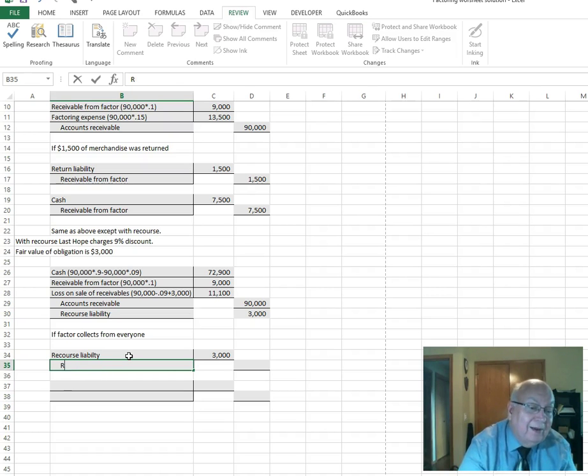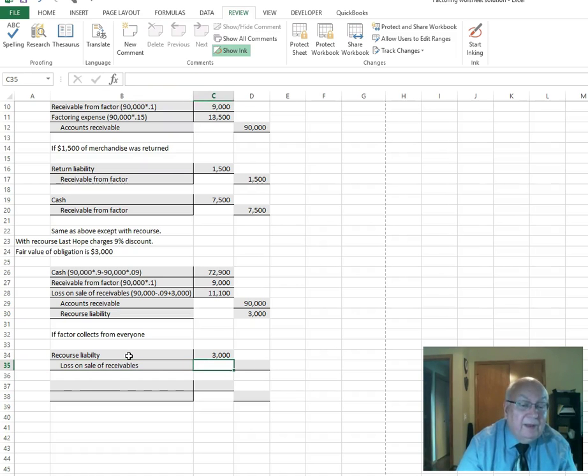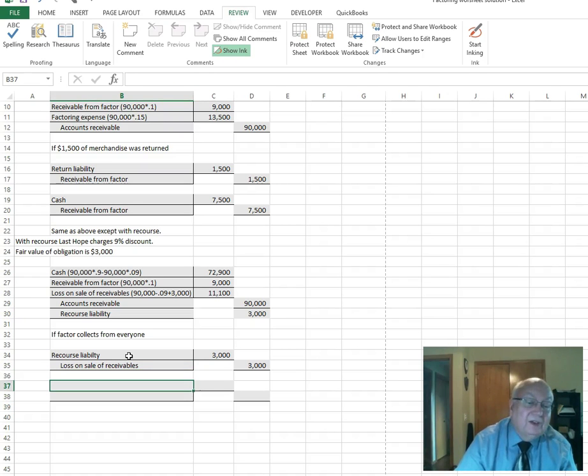No, we'll credit, sorry, the loss on sale of receivables for $3,000. So what we do is reduce our loss by $3,000. We still have the loss of $11,100, but you reduce our loss.